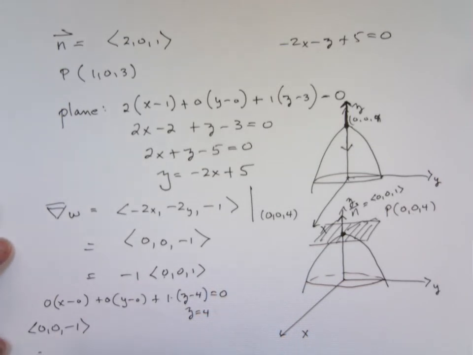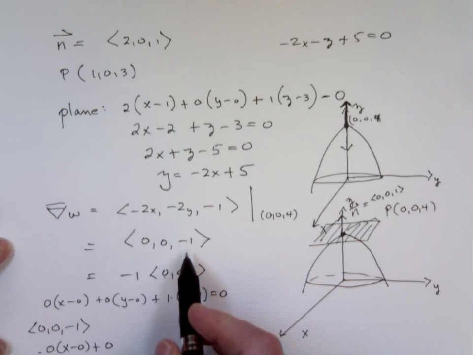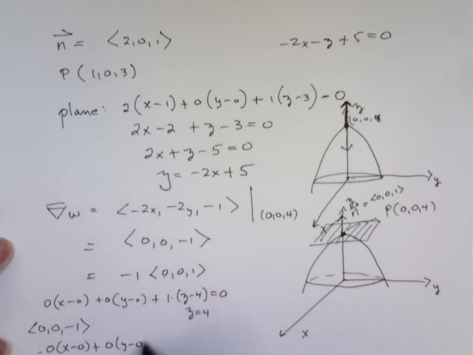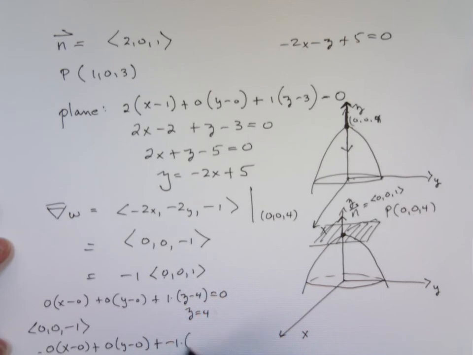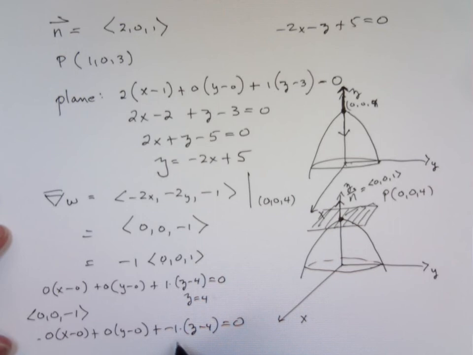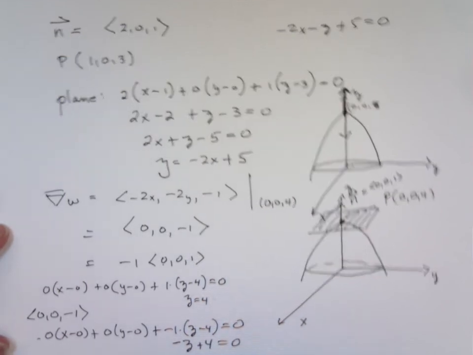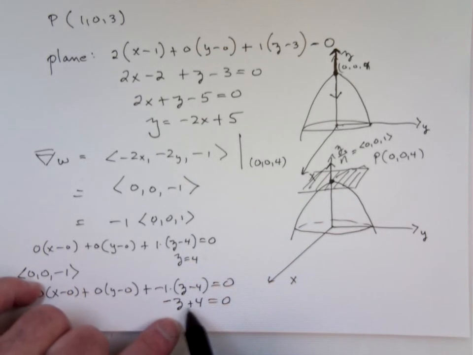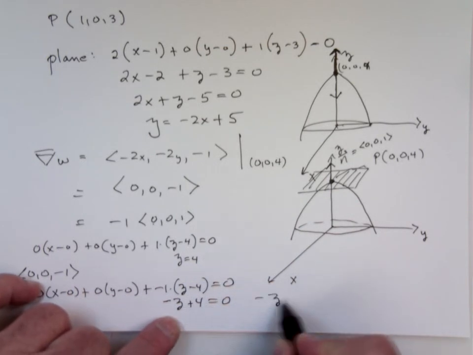It would be 0 times x minus 0, plus 0 times y minus 0, plus negative 1 times z minus 4, equals 0. So we get negative z plus 4 equals 0, which is negative z equals negative 4.